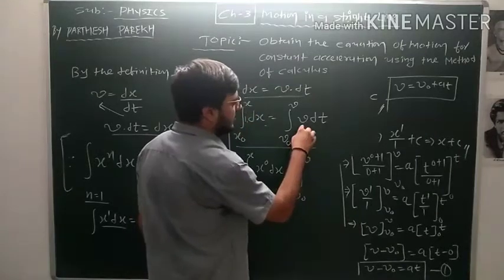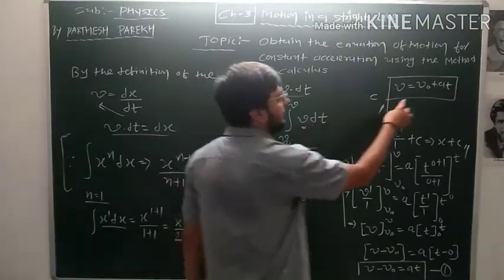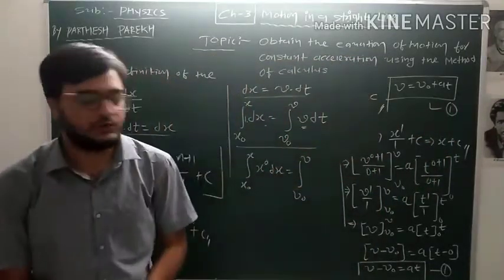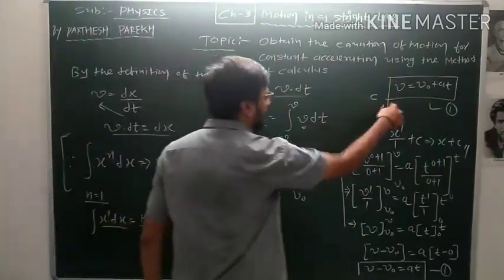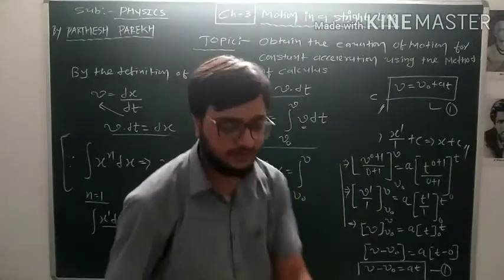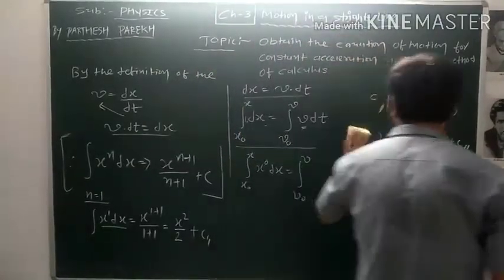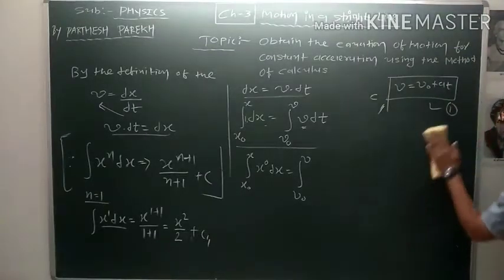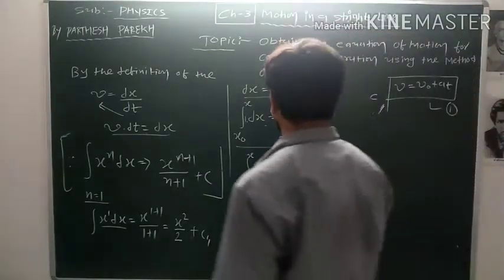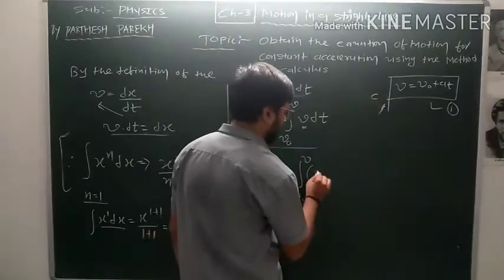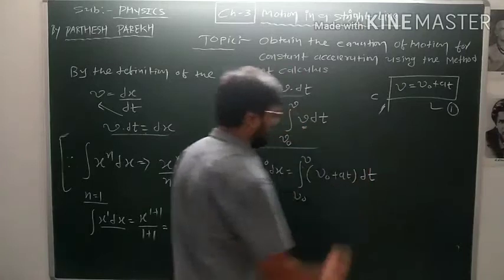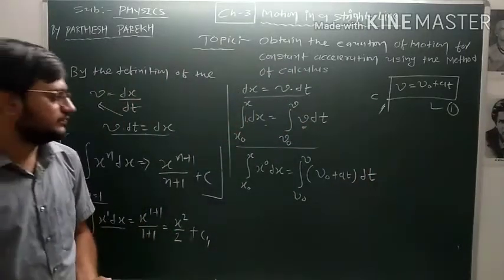And the value of v comes from this equation that we already derived. So we put this value in this equation, and here we get v naught plus at into dt.